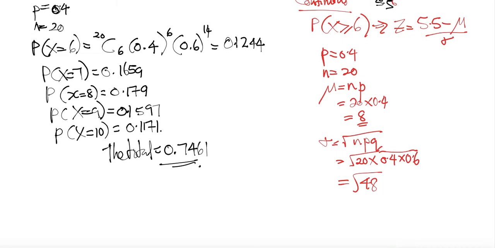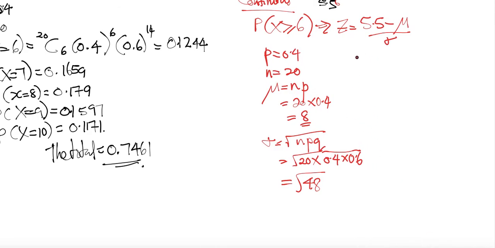Based on that, if I plug in those values, I have 5.5 minus 8 over the square root of 4.8. So what value am I getting? I'm getting negative 1.14108866. You don't have to write the whole thing, at least 1.1410 or 1.1411 is enough.